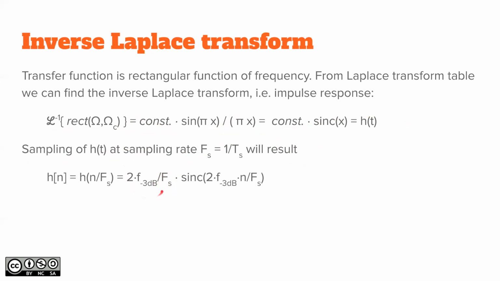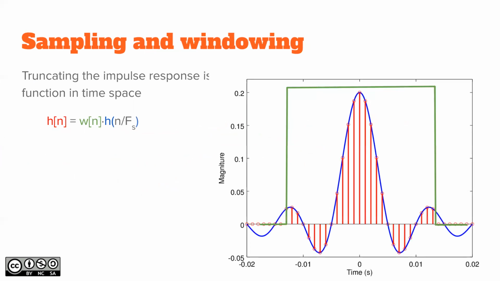That's the constant in the beginning, and then sinc of 2 times the cutoff frequency times the index divided by fs. Okay, great. So there's a formula that we can use.